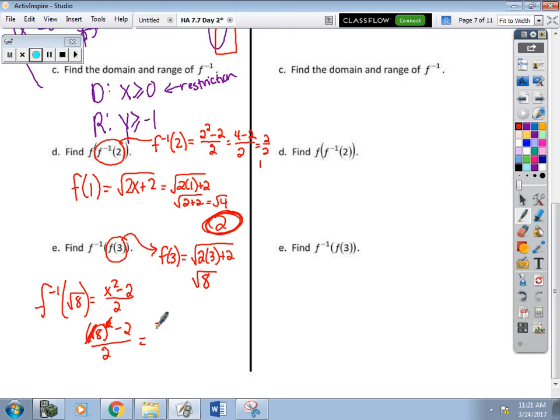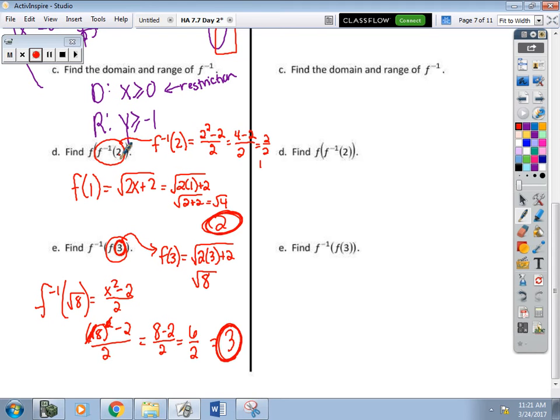They undo one another. So I'm just left with 8 minus 2 over 2, which will get me 6 over 2, which is 3. Okay, which we notice matches. That is something that is going to happen every time you take a composite function that has the regular function, its inverse, and a number. You'll get back to that number. Because remember, the inverse function basically undoes the regular function and gets you back to where you started.